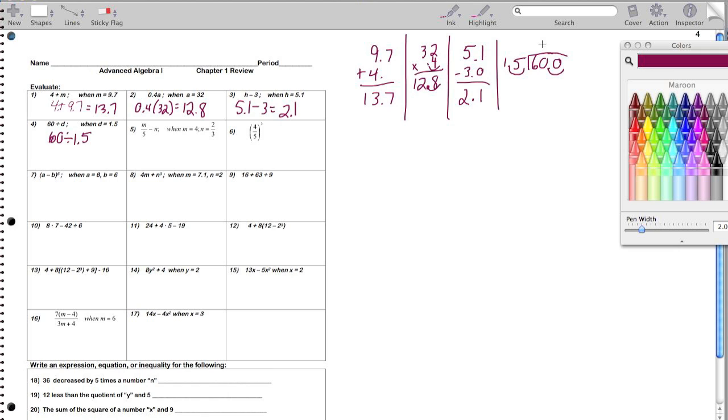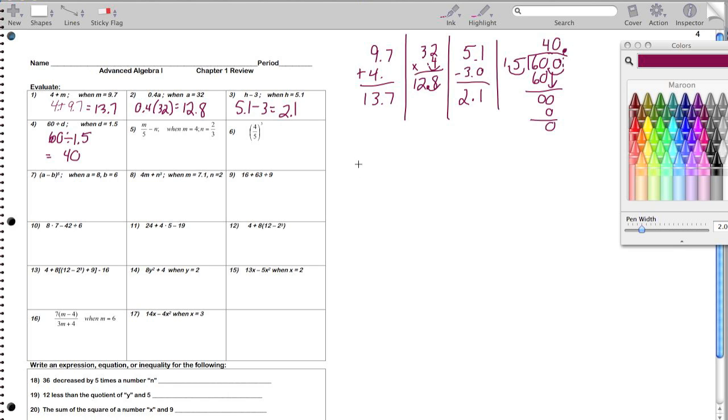So 15 goes into 60 4 times. 4 times 15 is 60 exactly, 0, 0. Because I brought that 0 down, it all cancels. And my decimal point would come straight up here. So my final answer, when I substituted all of those values in, I get 40.